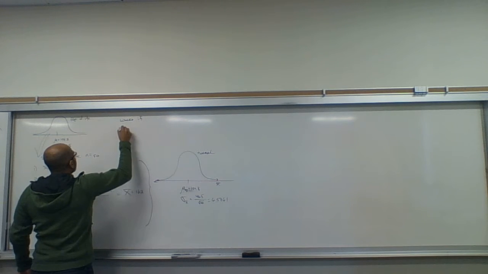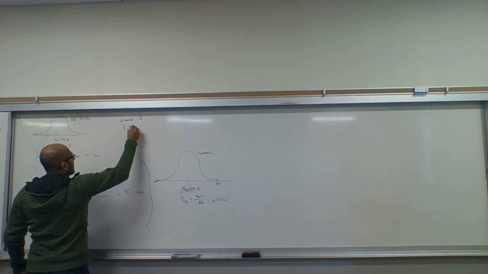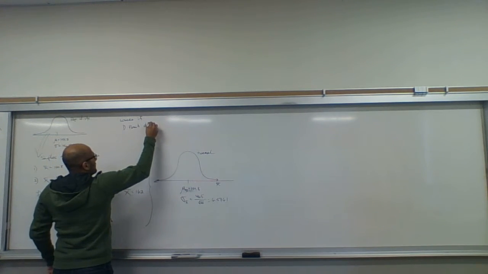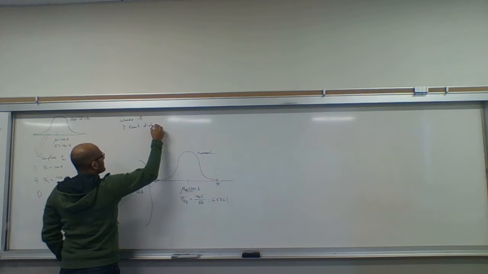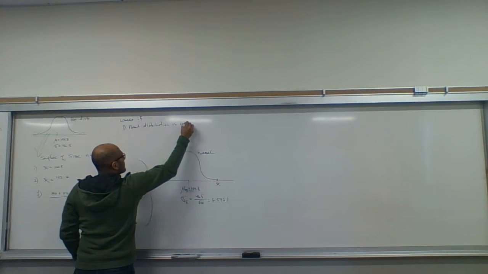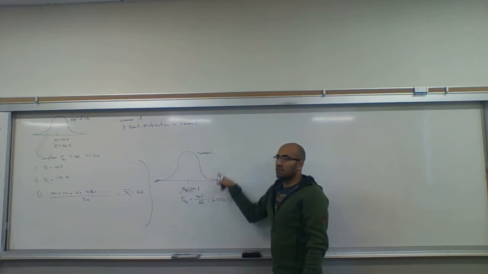It works if the parent distribution, the distribution from where the samples came from, is normal. If we're guaranteed that that's normal, then we're going to guarantee that this works out.